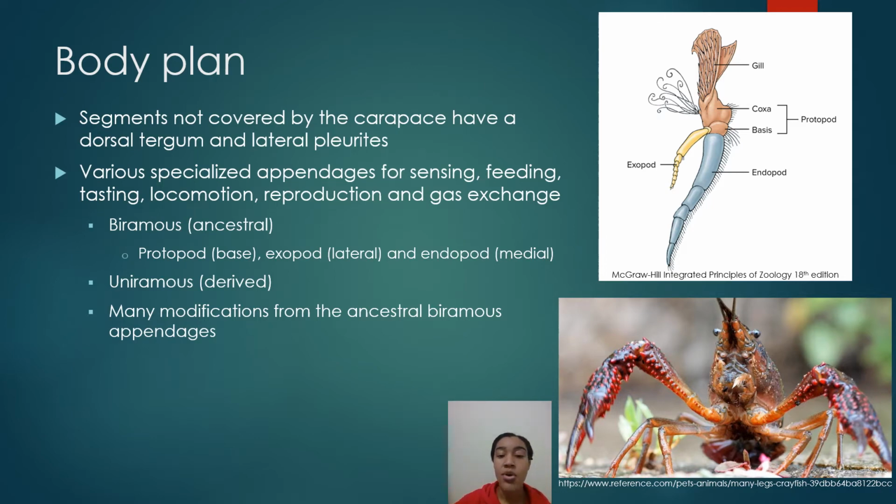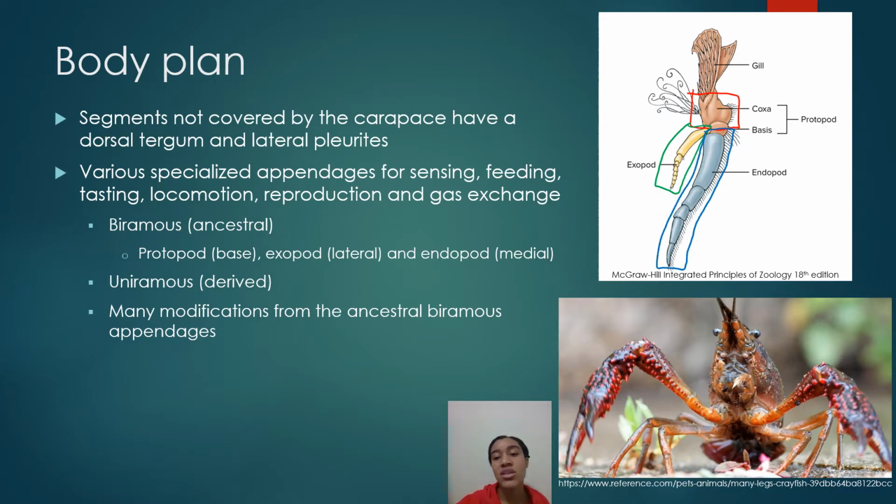We have our protopod, which is that first shared part of the appendage before the branching occurs. And then after the protopod, it branches off into two parts called the exopod, which is the more lateral part of the appendage, and then we have our endopod, which is the distal part of the appendage.